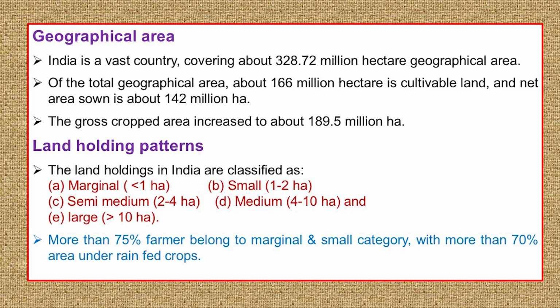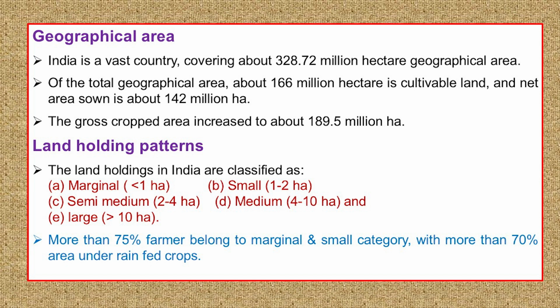Before we talk about farm power availability and its sources, let us discuss the geographical area India has and the landholding pattern the farmers are holding. India is a vast country. It covers about 328.72 million hectares of geographical area.